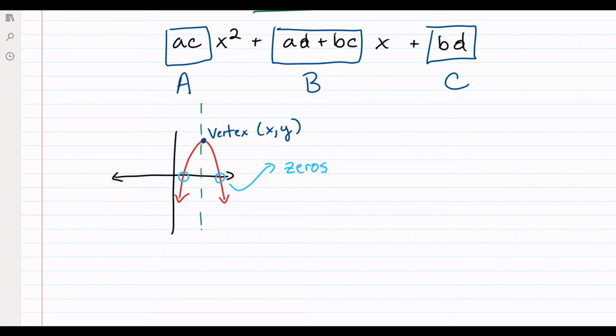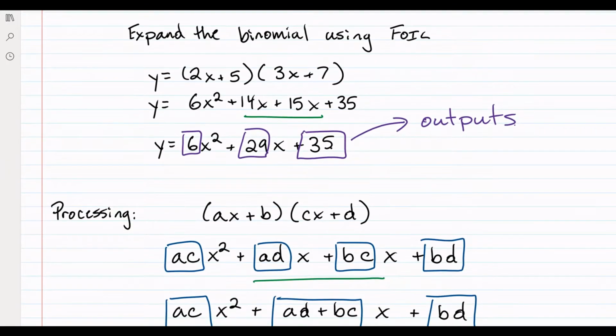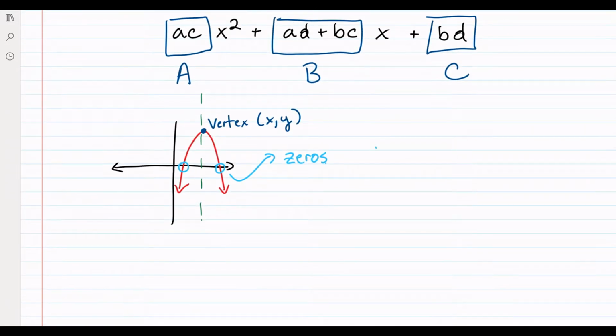Let's go back to our original question: 2x plus 5 and 3x plus 7. The zeros are where this quadratic equation is equal to 0. That would be where 2x plus 5 is equal to 0, and where 3x plus 7 is equal to 0.